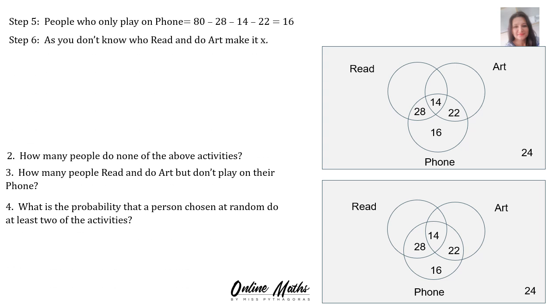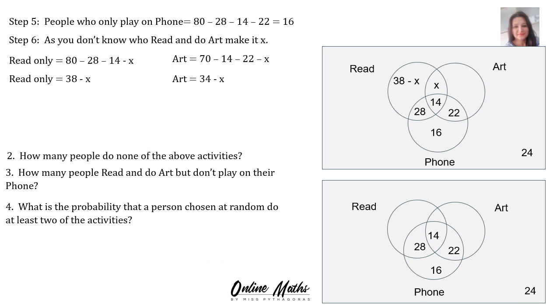As you don't know who read and do art, we make that one X. So that one is X. Then we can say read only will be 80 minus 28 minus 14 minus X. And then when we add all the numbers, we get read only is 38 minus X. I filled it in for you there. And then art only will be 70 minus 14 minus 22 minus X, and it is 34 minus X. There, I filled it in for you.